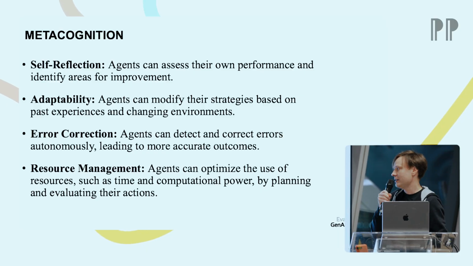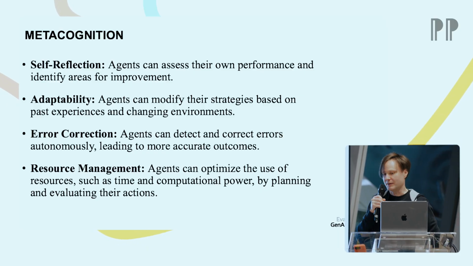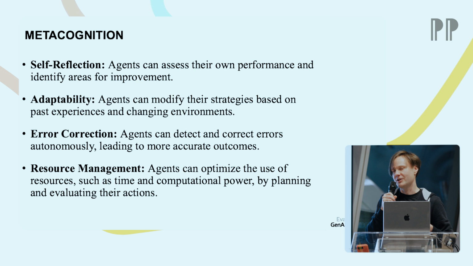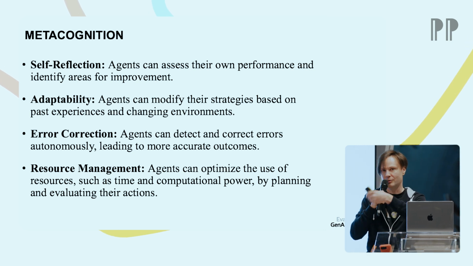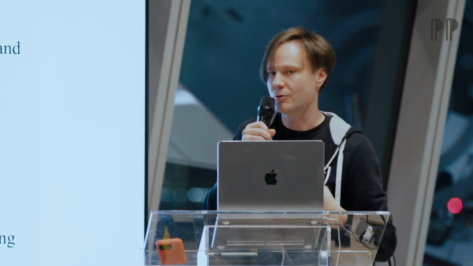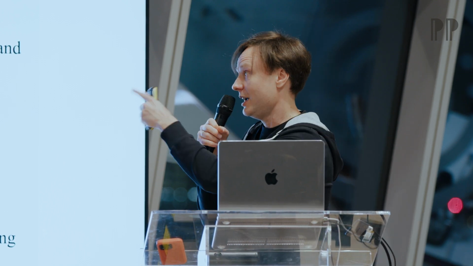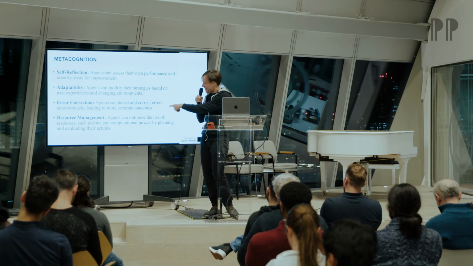I mean, if someone says that AI agent is not adapting to environment, not fine-tuning itself, maybe this is not real agent, maybe this is just AI workflow or something else. But agents have metacognition, like thinking about thinking, self-reflection, adaptability, and all kinds of corrections, staying within dedicated resources.